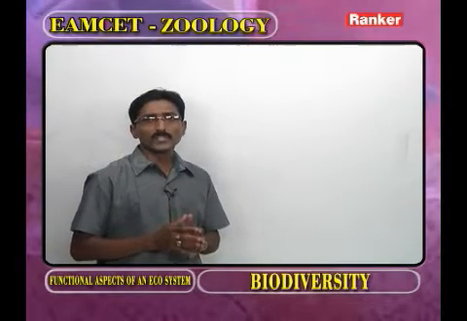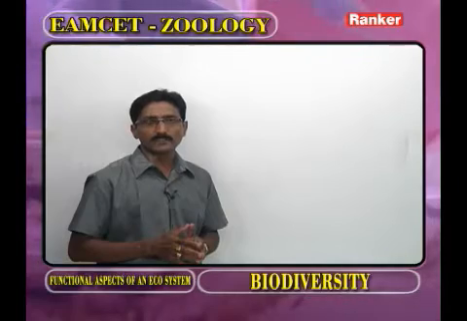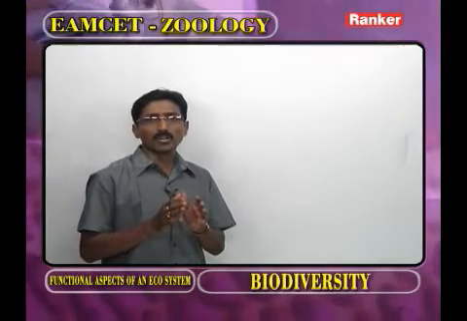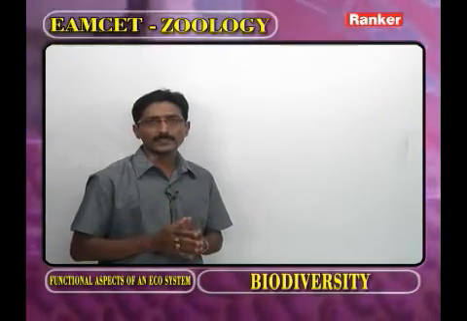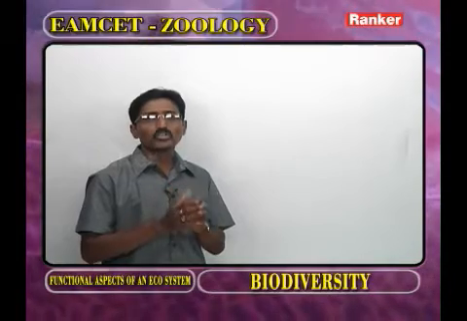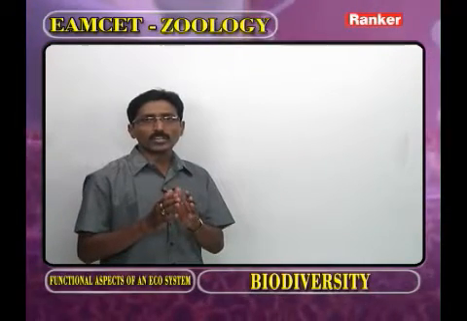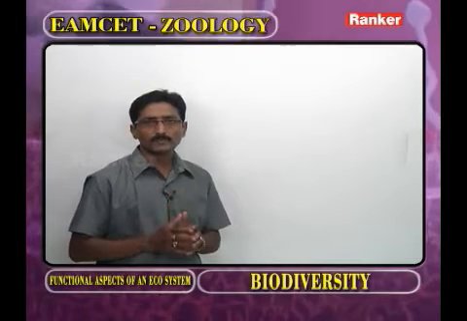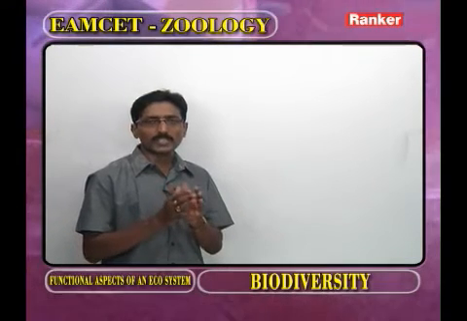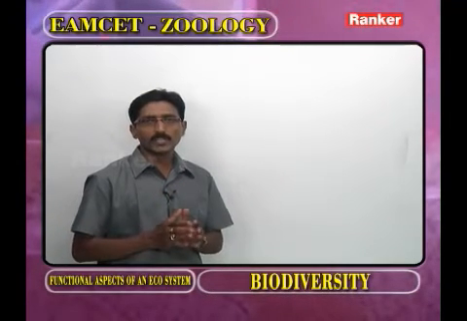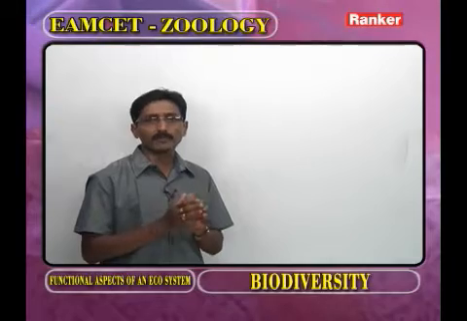In an ecosystem, what are the biotic factors? The biotic factors are broadly classified into three categories. One we call the producers. The second one we call consumers. The third one we call decomposers. Now, what are the best examples for the producers? One example is the green plants.